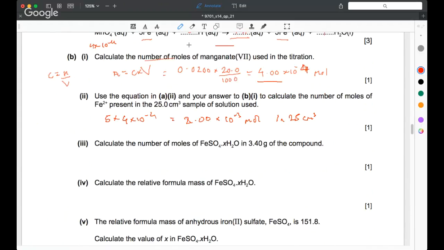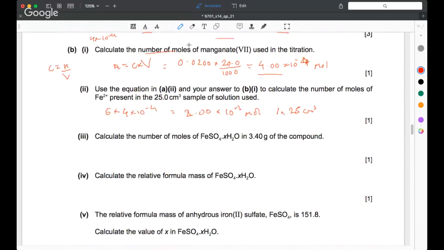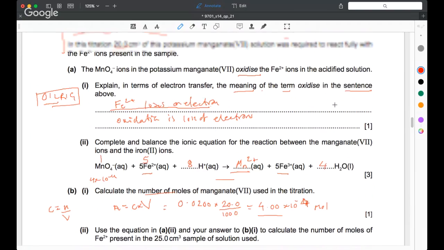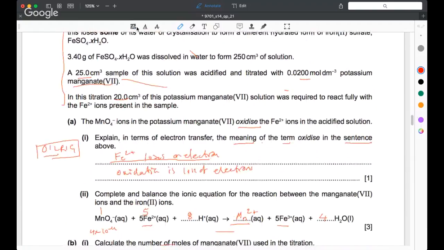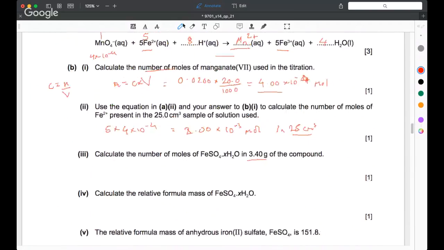Now, if you remember, this 3.4 grams was not dissolved up in 25 centimeters cubed. It was dissolved up, if you look back at the question, in 250 centimeters cubed. And then we took a 25 centimeter cubed aliquot of that later on.